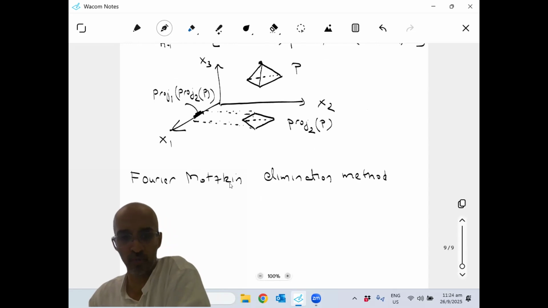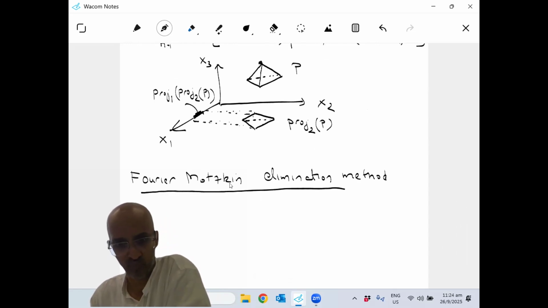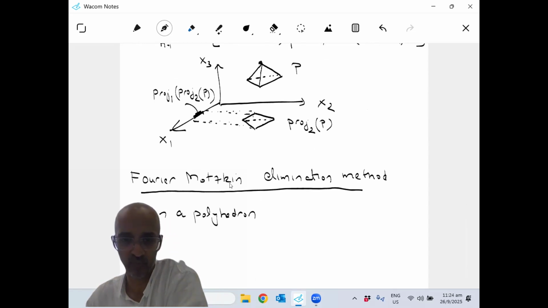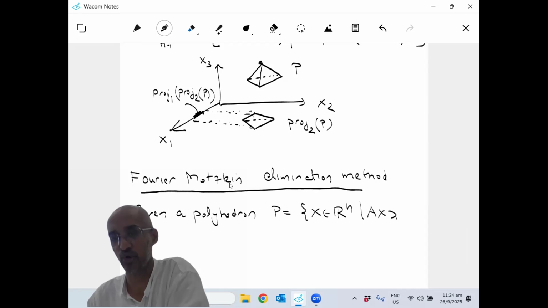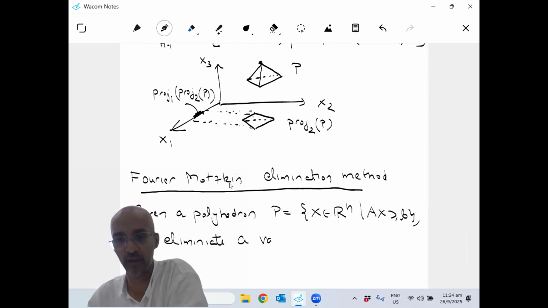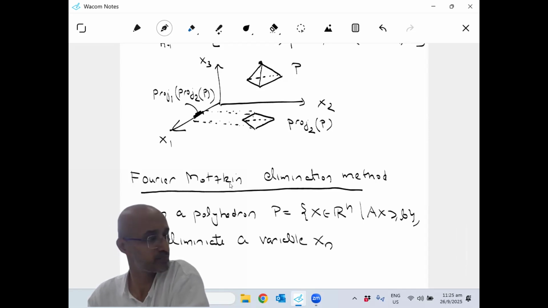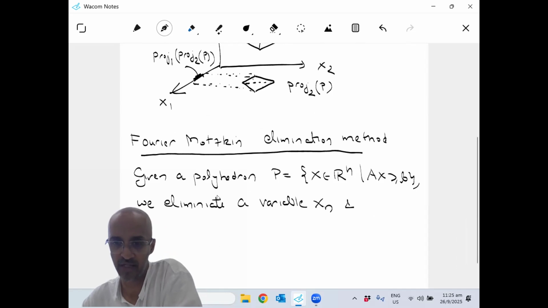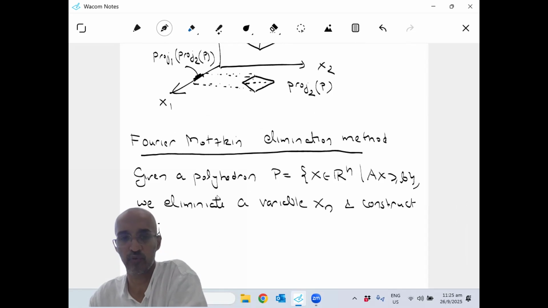So this is an algorithm for a polyhedron. Given a polyhedron P, let's say x in Rn, Ax greater than or equal to b, we eliminate a variable xn and construct the projection of P onto the first n minus 1 variables.